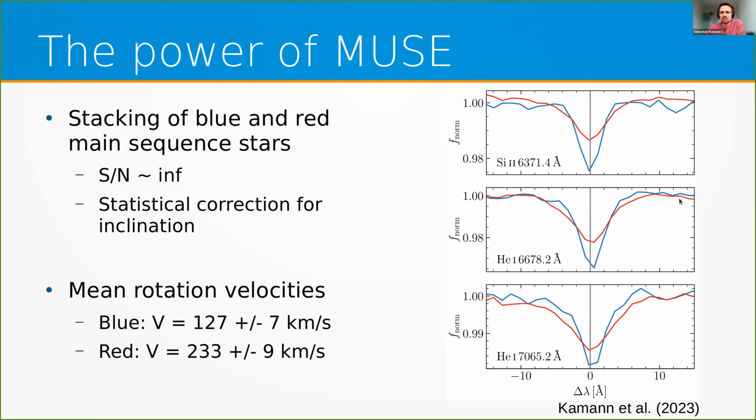And if we convert these into statistically corrected rotation velocities, then we find for the blue main sequence stars an average rotation velocity of the order of 127 kilometers per second, and for the red of the order of 233 kilometers per second.